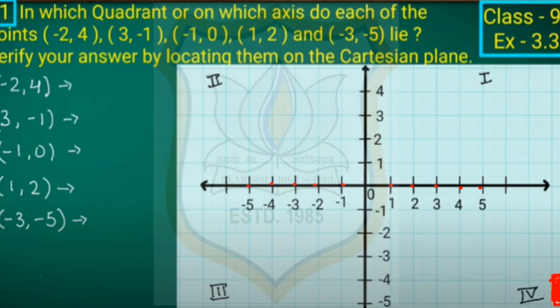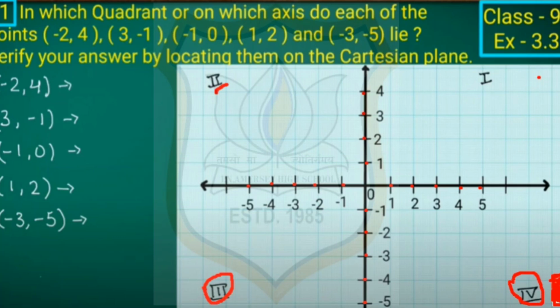On the upper side, 1, 2, 3, 4. Here minus 1, minus 2, minus 3, minus 4, minus 5. We know that this is the first quadrant, this is the second quadrant, this is the third quadrant, this is the fourth quadrant.